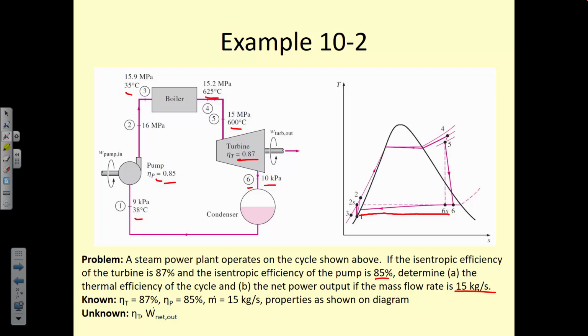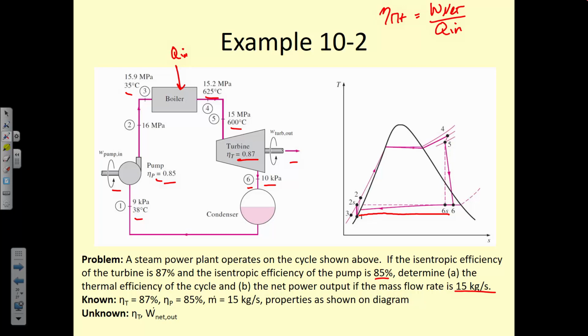So if we want to calculate the overall thermal efficiency, again, it is work net over Q in. So we'll probably need to figure out the work of the pump and the work of the turbine, and then we're going to need to see how much Q is coming into the system in the boiler. So let's take a look at that.